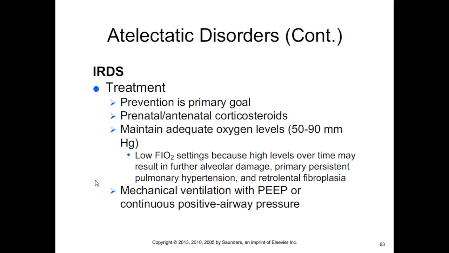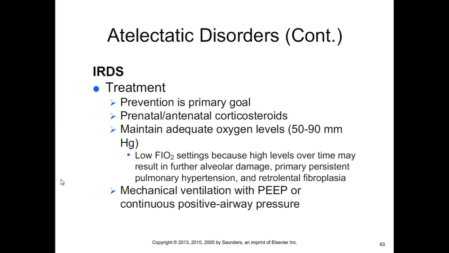Maintaining oxygen levels, right? So we also want to keep the FiO2 low because high levels could lead to further alveolar damage and pulmonary hypertension, and even retrolental fibroplasia, excuse me, which can lead to blindness.